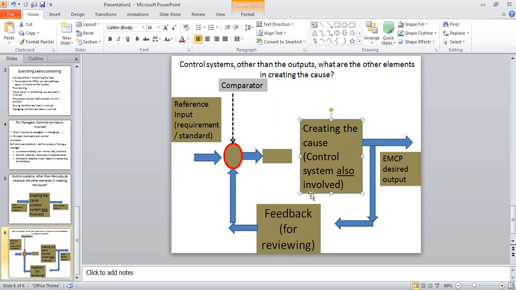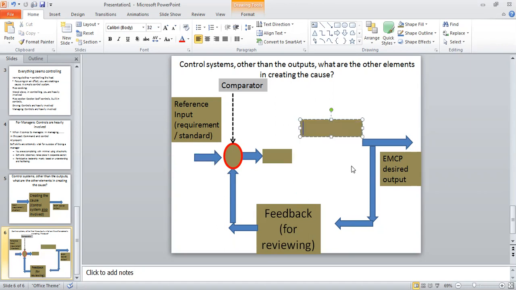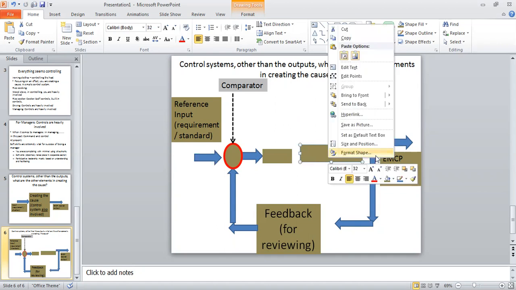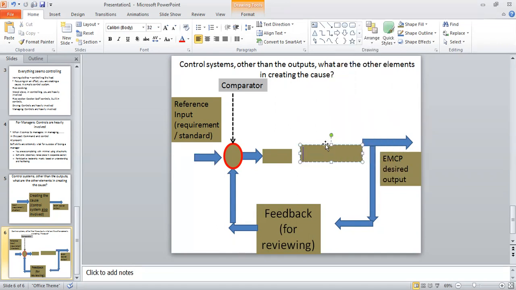Necessary action on what? On the process. So this is your manufacturing or this is your process. Business process, industry process, or whatever.